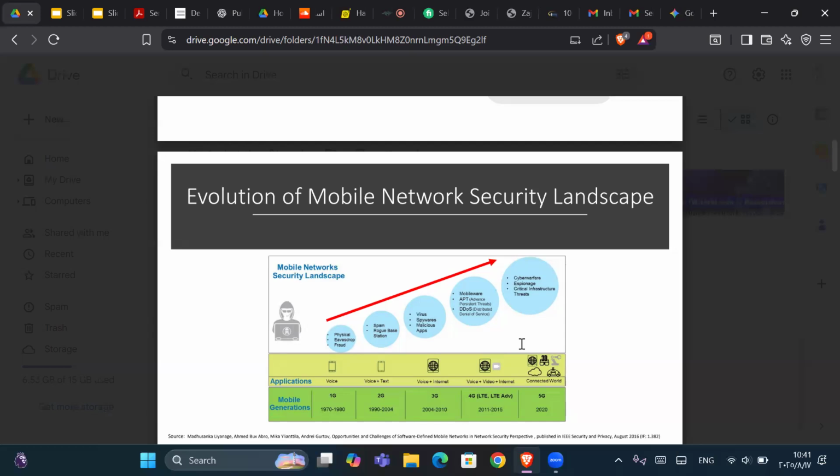These are the main mobile network security problems that we usually face in the 5G network. Some of them are common to computer networks in general, and some of them are more specific to the components that are used in the 5G system.